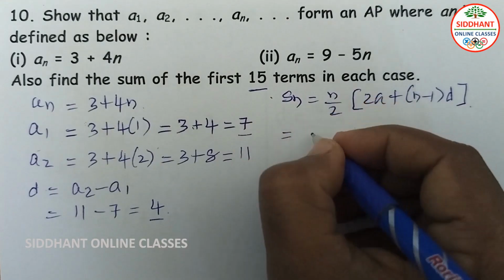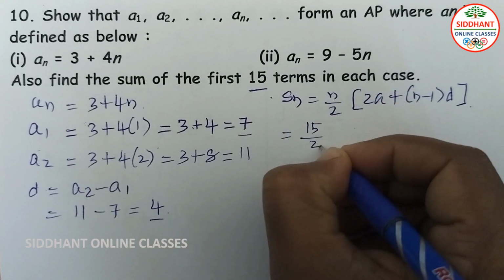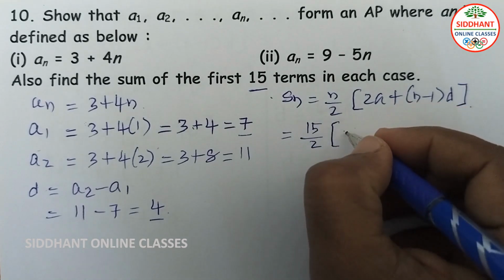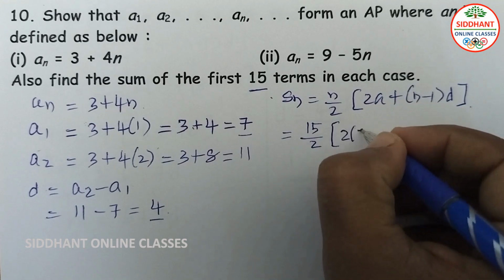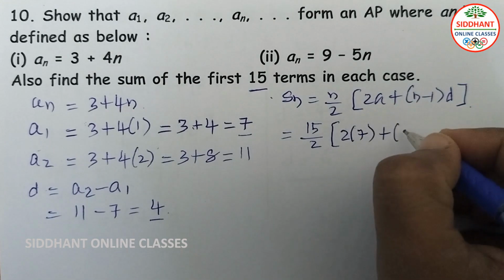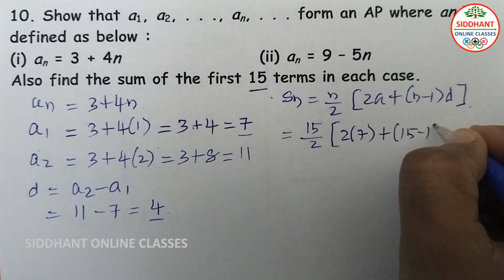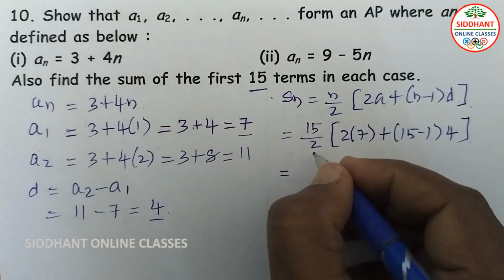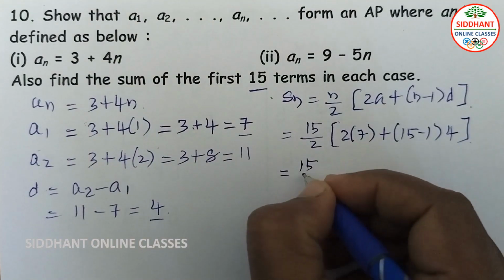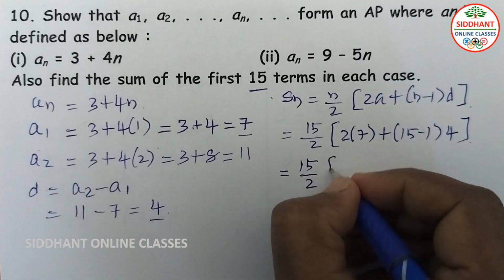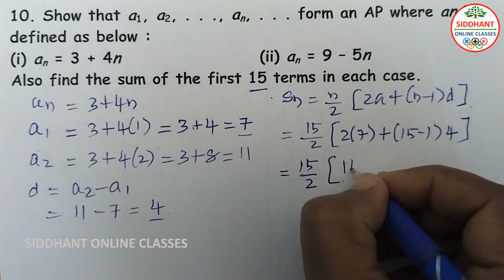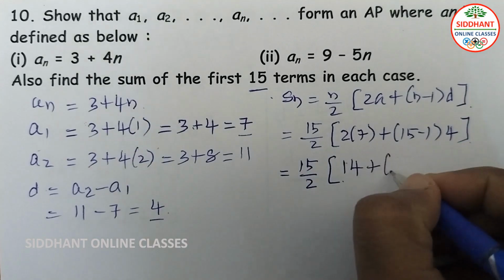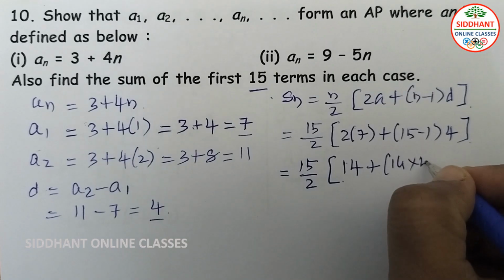So sum, n which is 15, 15 by 2 into (2 into 7 plus (15 minus 1), and d we got 4). 15 by 2, here 2 into 7 is 14, plus here 15 minus 1 is 14, into 4.